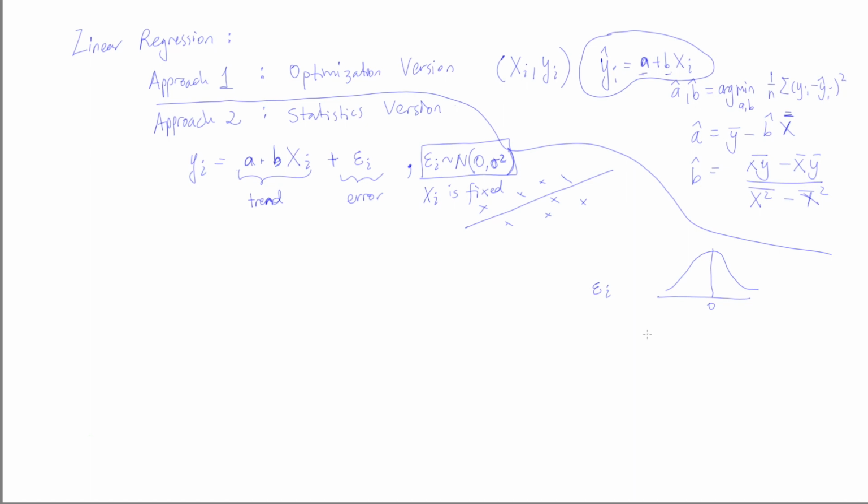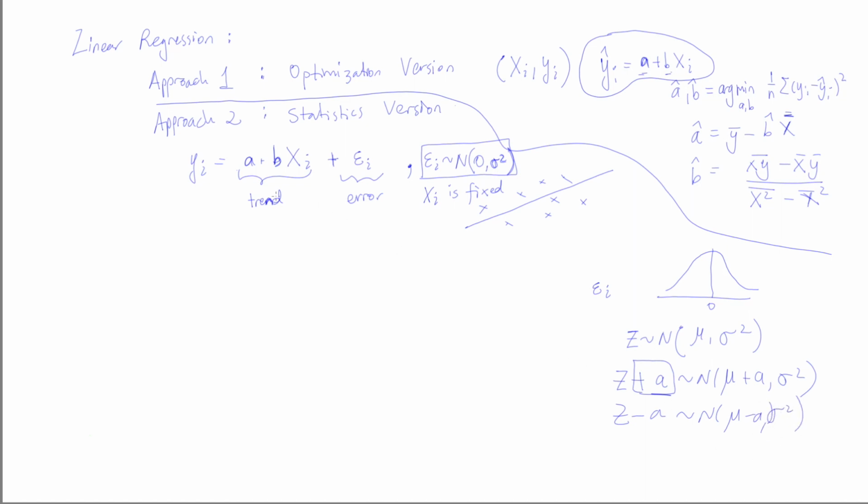Hopefully I should have mentioned this earlier, but let me just write it here. If Z is normal with mean mu and variance sigma squared, then Z plus a number is normal with mean mu plus that number and variance sigma squared. So when you add a constant to a normal distribution, all you're doing is shifting it to the right. And similarly, if you do Z minus a, you're shifting it to the left.